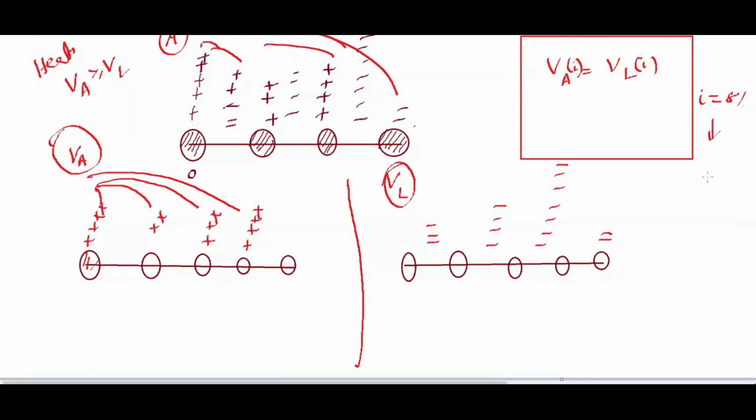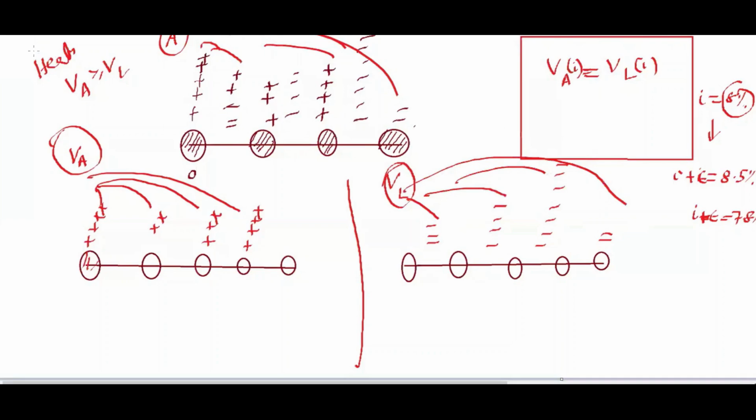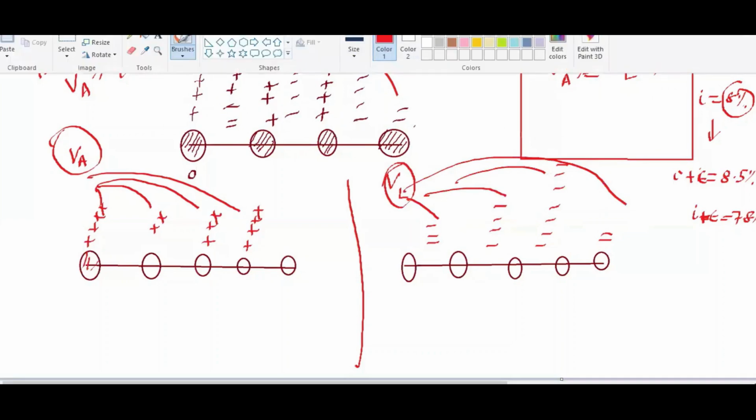Due to some reason the interest rate increases to 8.2% or 8.5%, or decreases, we use epsilon also, i plus epsilon, or i minus epsilon, to 7.5 or 7.8%. If the interest rate changes, do the present values of asset and liability still match?